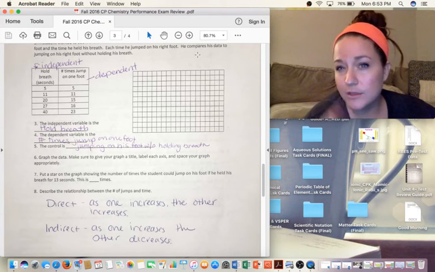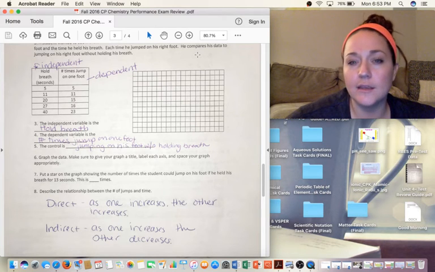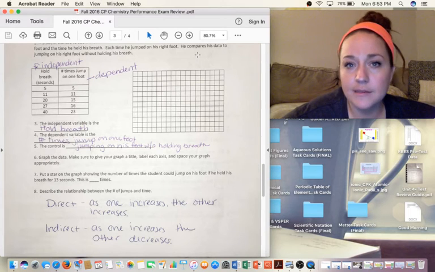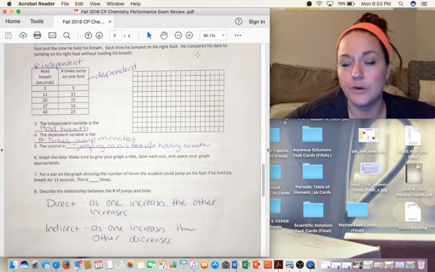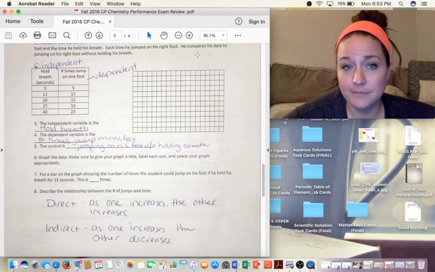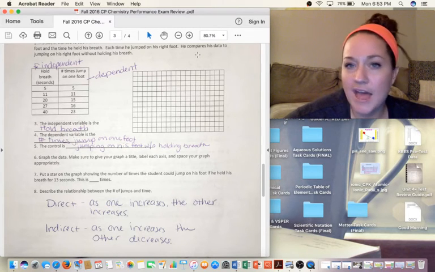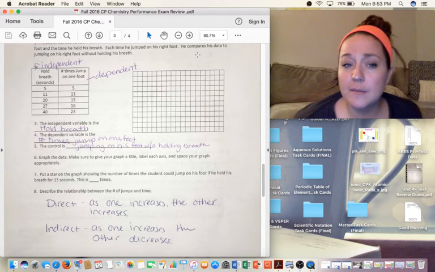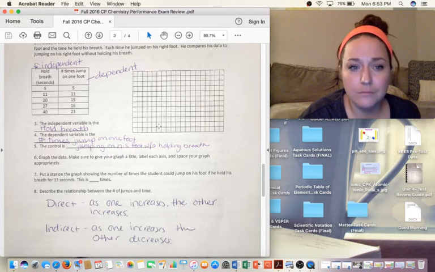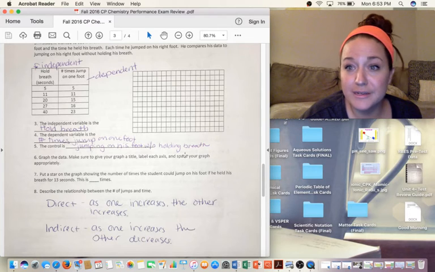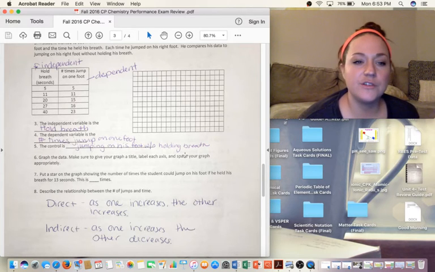That's a really good indicator when you're reading the paragraph. Oh, so he's going to compare something. The next thing that comes after that word is going to be your control. So he compares his data to jumping on his foot without holding his breath. So that means that jumping on his foot without holding his breath is your control.